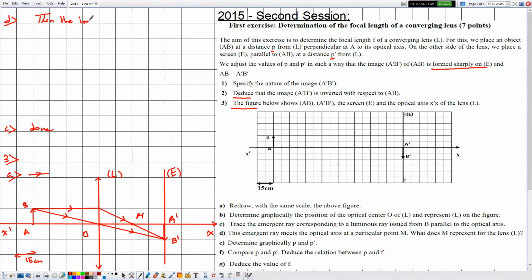Then the image focus M is the intersection of the emergent ray with the optical axis.